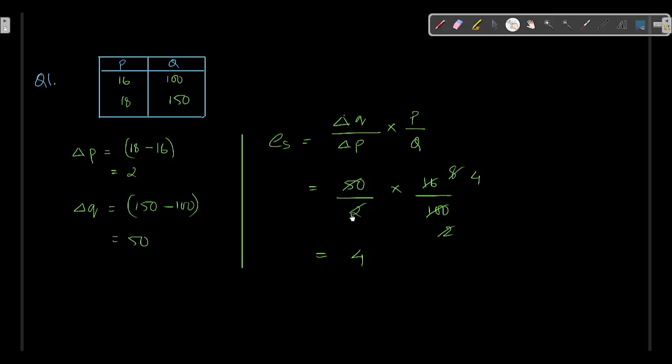If you simplify it, 2 into 8 is equal to 16. Now 50 into 2 is 100. 2 into 4 is 8. So now we got 4. So 4 is the answer. All right. So this is the elasticity of supply here. Es is 4. So this is the answer.